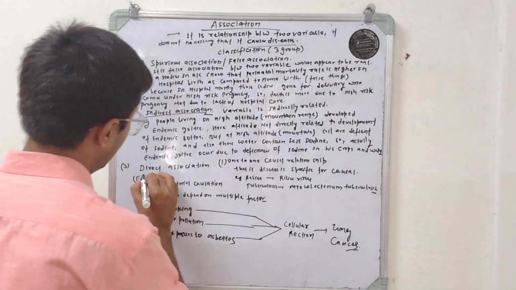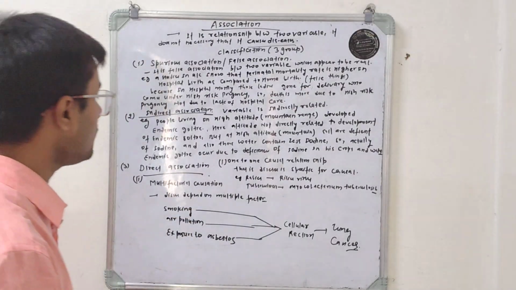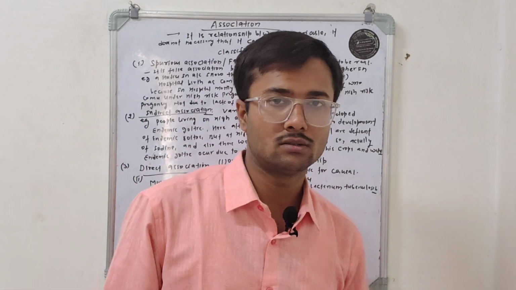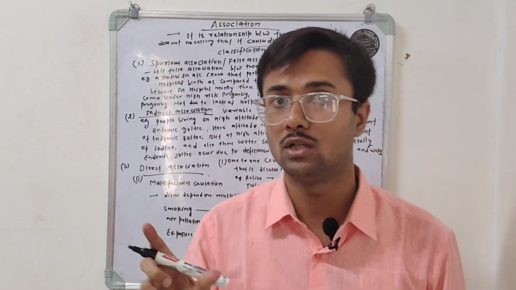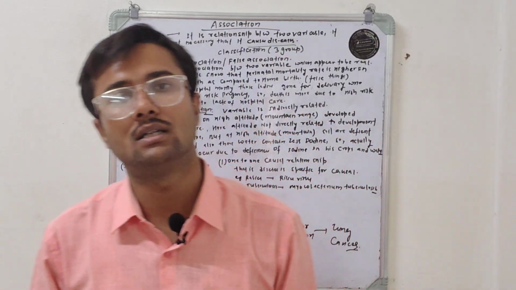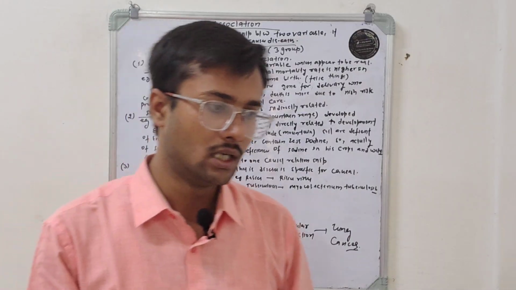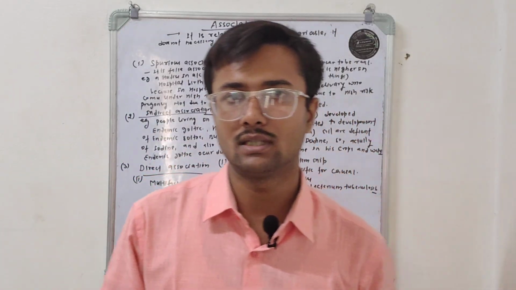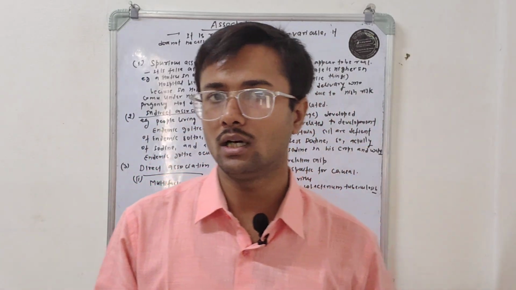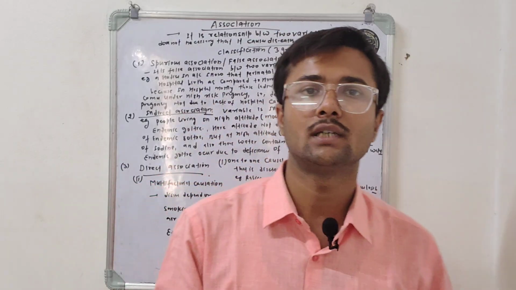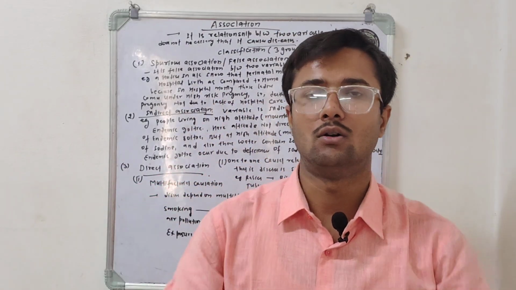Now the third is direct association. Direct association is further divided into two criteria: direct one-to-one association and multifactorial association. One-to-one direct association means the disease is specific to the causative agent.